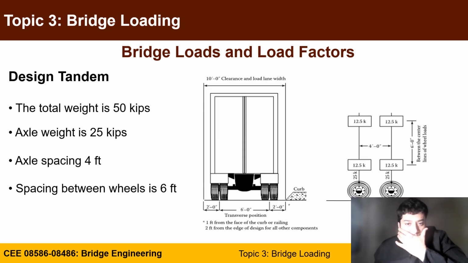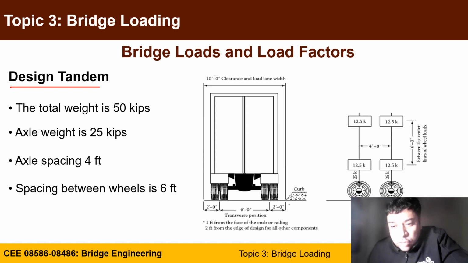The second part, called the design tandem, is very similar to the truck, but it's only two axles, 40 kips total. The axle weight is 25 kips each, so each wheel is 12.5 kips, adding to 25 here and 25 there.